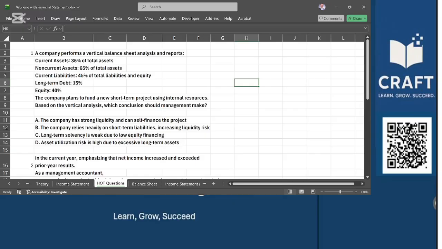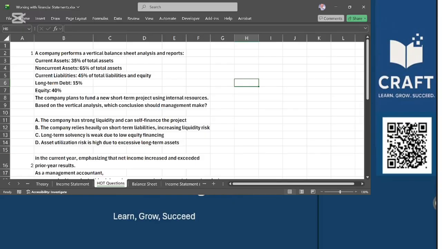Short-term assets are financed by short-term liabilities, and it is ideal for long-term assets to be financed by long-term liabilities and equity. But here you will find that the company has funded non-current assets also from the current liabilities, because 45% of total assets are financed by current liabilities, out of which 35% is current assets, and you can also see 10% will be the non-current assets.